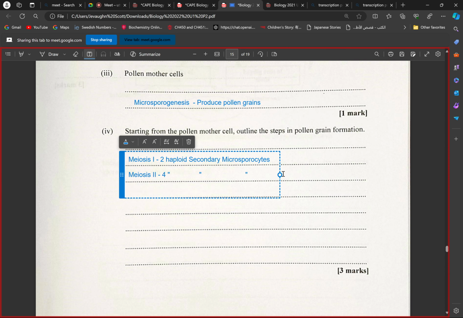And then these now are actually called microspores. So haploid cells called microspores. I mean, really and truly, they're the same thing. There are really four of them. And then what happens now is they are combined within a tetrad.